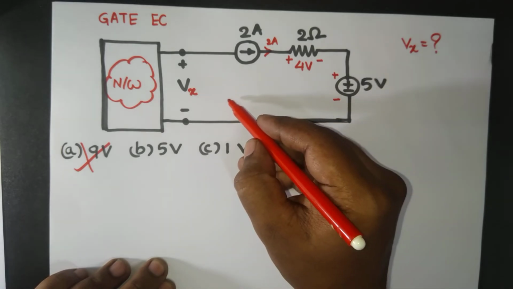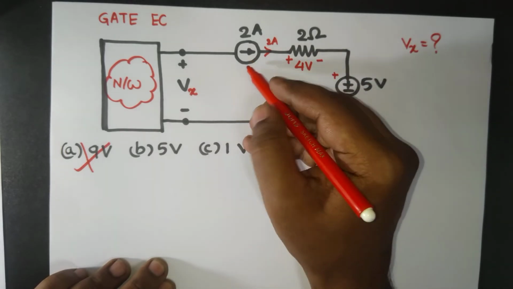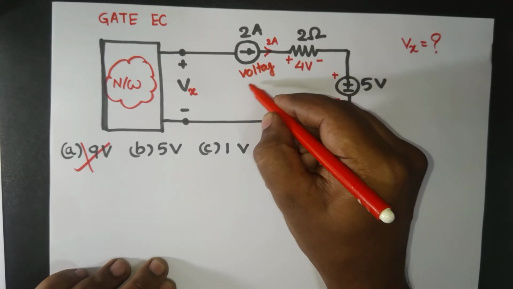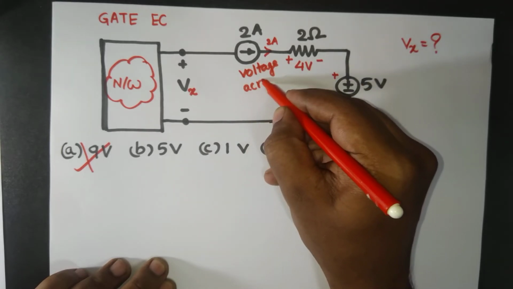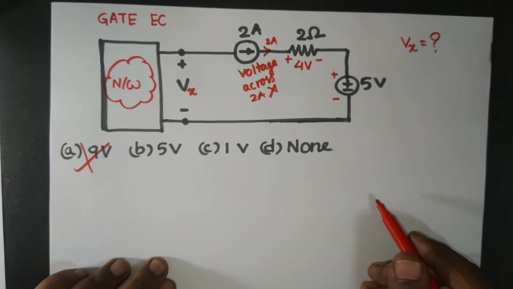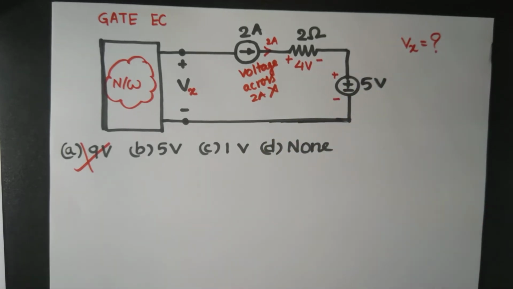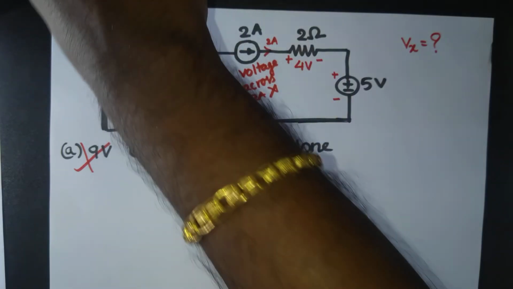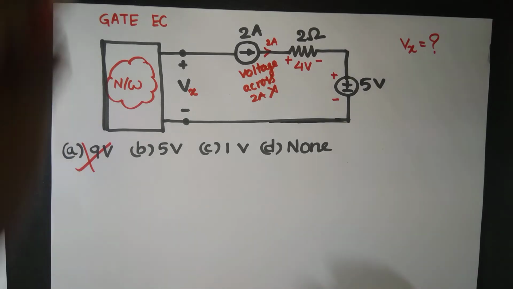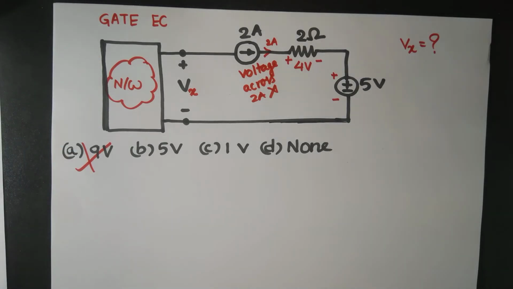Now what is missing is this one: the voltage across the 2 ampere current source. Yes or not? The voltage across the 2 ampere current source is not mentioned in this question. If there is no voltage given across the 2 ampere current source, then it is impossible to find V sub x.